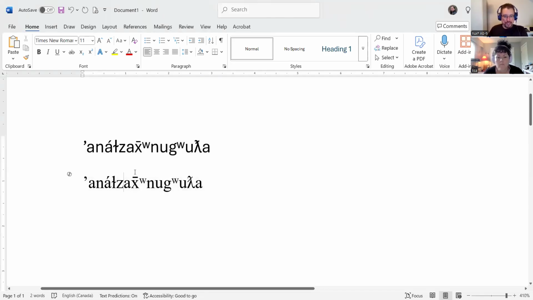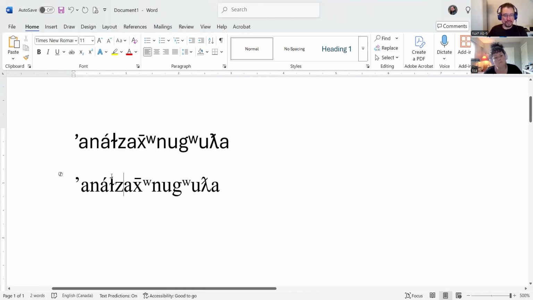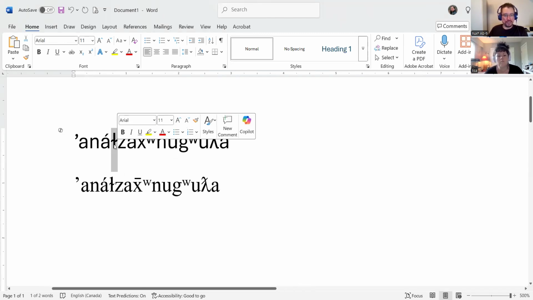There are some things here that make a big difference in terms of people's ability to differentiate between the symbols and read the language. One thing I see that is different is this symbol here. This symbol is called a tilde L. It's a lowercase l, and it has kind of a squiggly line through it.